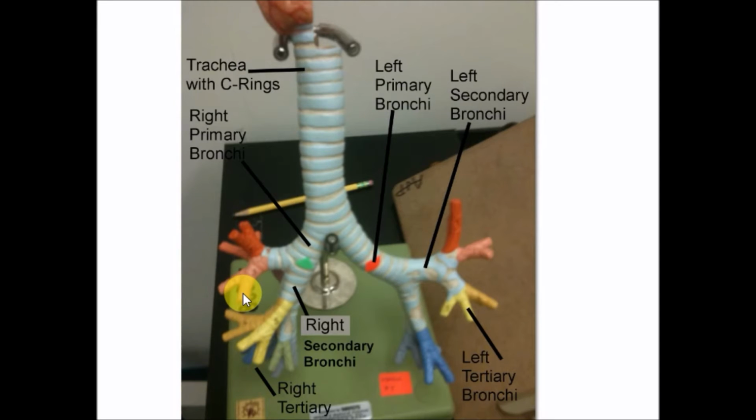So, 2 names for each, and where it's going corresponds to the numbers. For the tertiary, or segmental, bronchi, on the right side we have about 10, and on the left side 8 or 9, because we have 10 segments on the right and the left might have 8 or 9. It's different from person to person. This is important to know as applied knowledge for the lab.